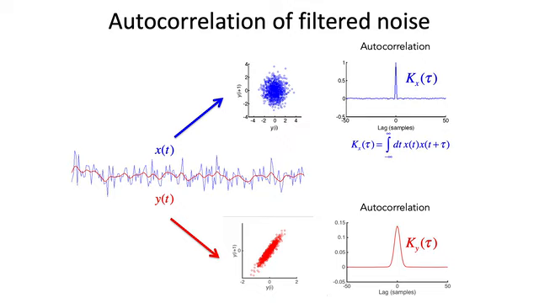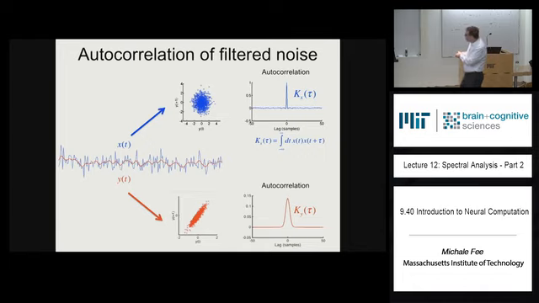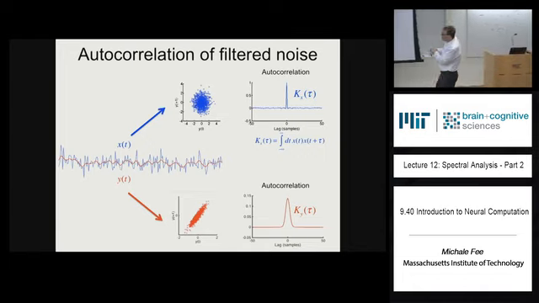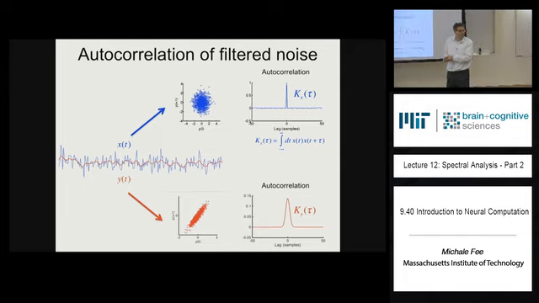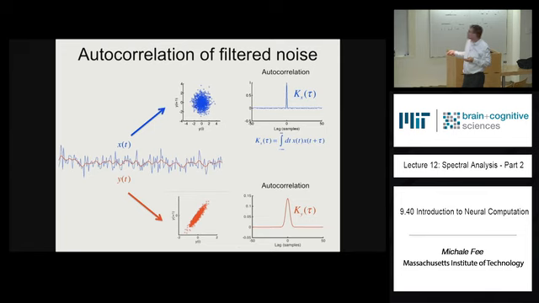Okay. So if you look at the autocorrelation of the original Gaussian noise, it has a delta function at 0. The autocorrelation of the smoothed function has some width to it. And the width of that autocorrelation function tells you the time scale over which this signal was smooth, right? Okay. Now, how does that relate to the power spectrum?